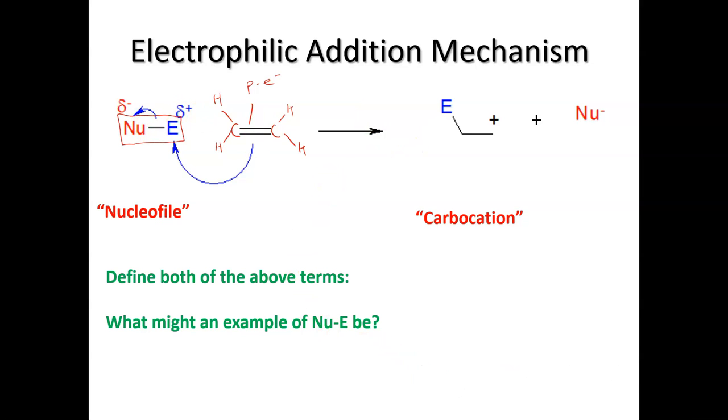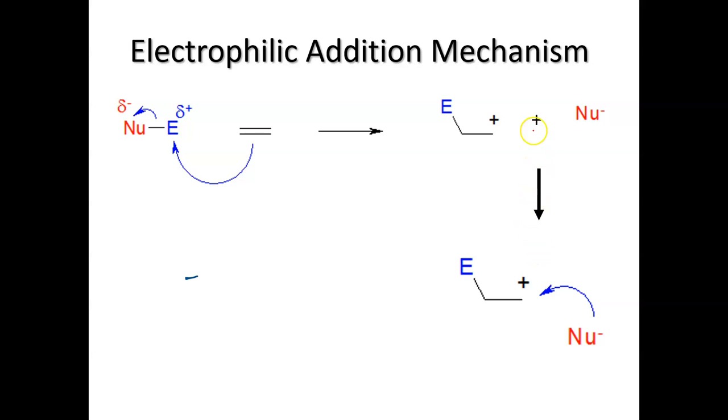And the next step would then be for this nucleophile, which has extra electrons, and I'll actually draw those out right here. Those electrons on top here are what are going to be attracted to that positive charge. And the next step would have that interaction create the now bonded element. So we have two bond-forming steps.